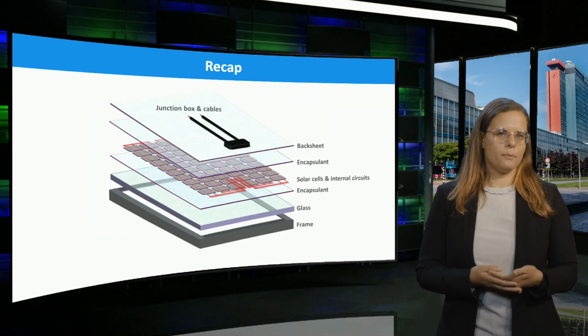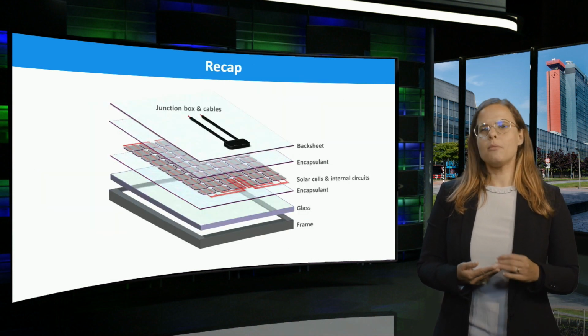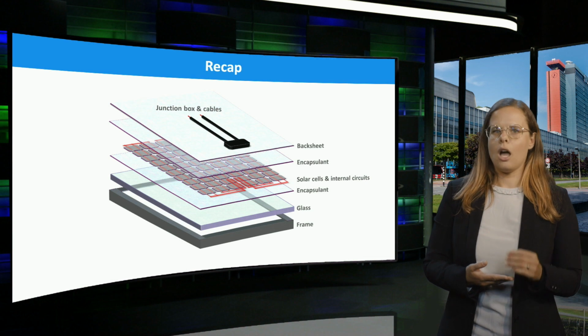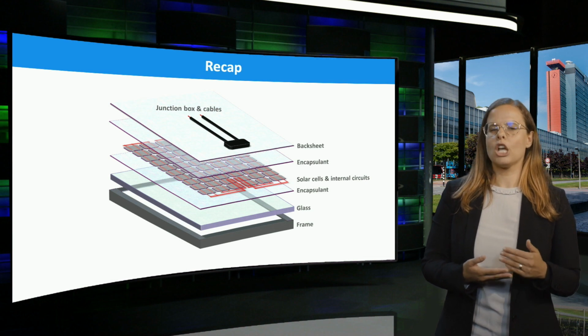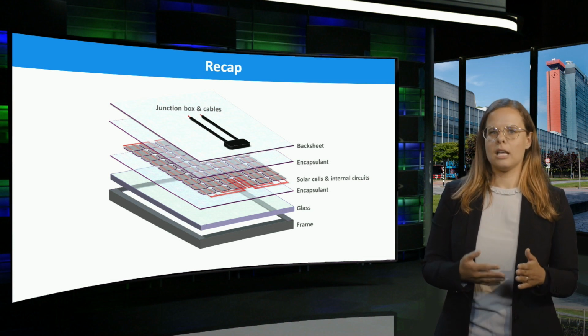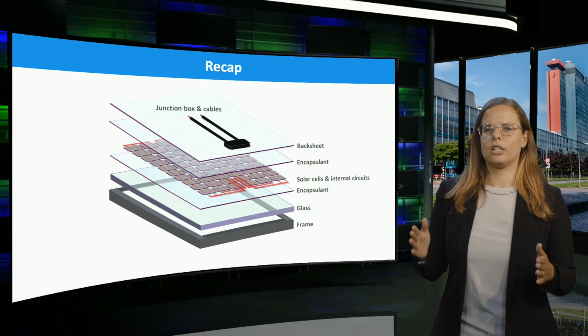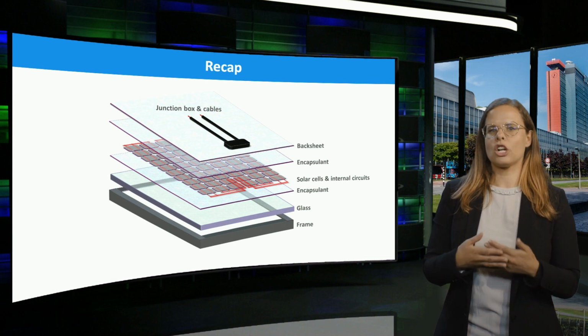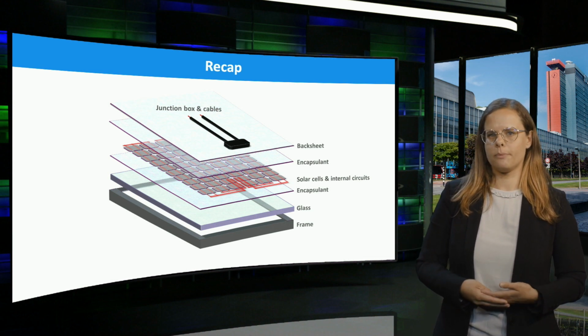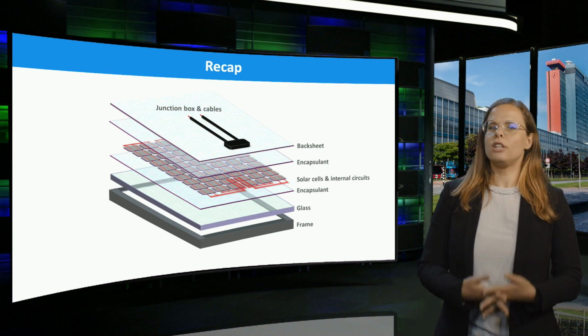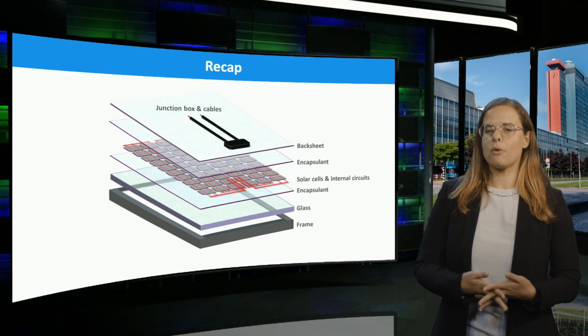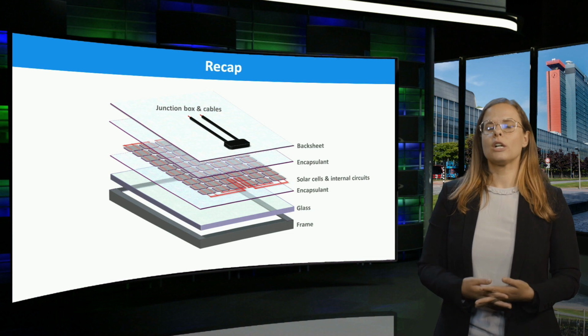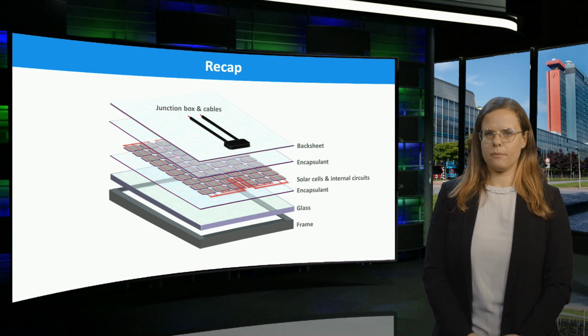To recap, in this lecture, we elaborated on the functionality of different PV components, including the frame, glass, the encapsulant, solar cell, internal circuit, the backsheet, the junction box, and the bypass diodes. Different components can have different failure modes in practical operation, causing degradation of module performance.